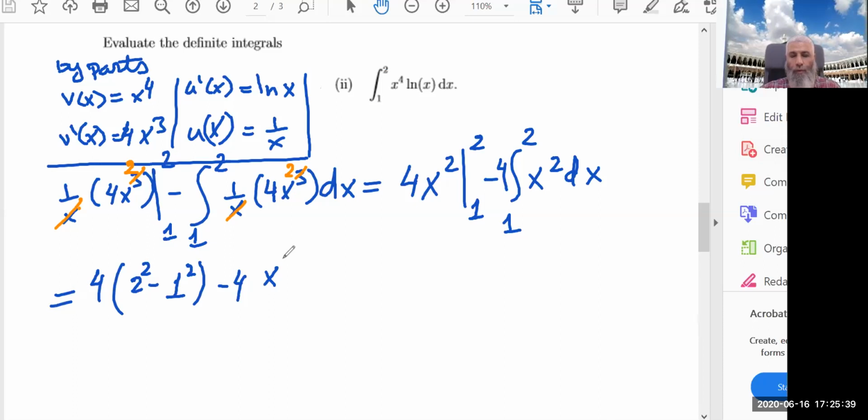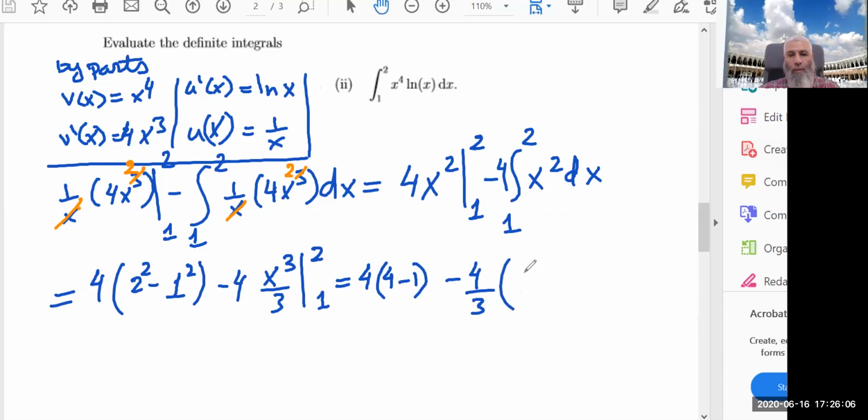Ustaz, I'm sorry, I have a question. Integration of x squared is what? Integration, it's x cubed over 3. Yes, from 1 to 2. So this is 4 multiply, here, this is 4 minus 1, minus 4 over 3 x cubed from 1 to 2.